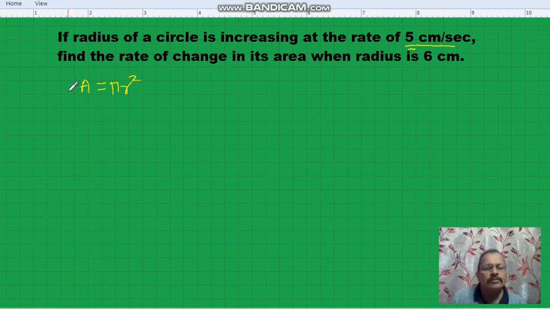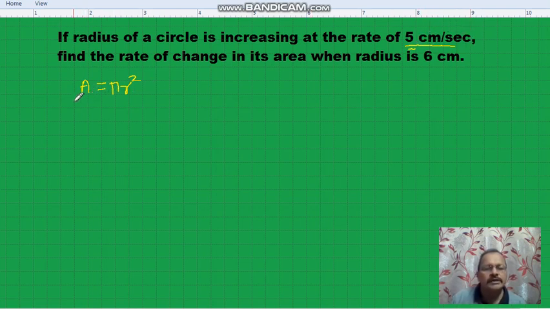Now I am going to differentiate this, but in this case the derivative will be with respect to the time, because rate of change in radius is given with respect to time, centimeter per second.